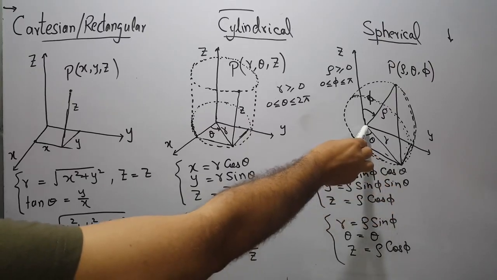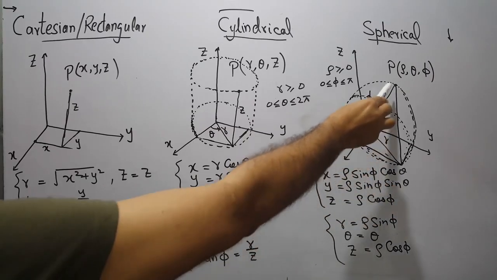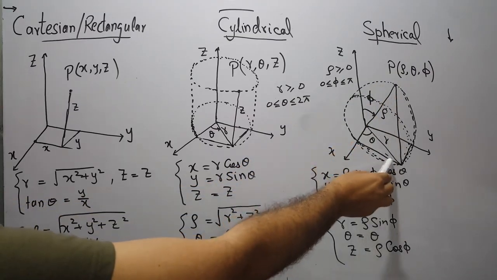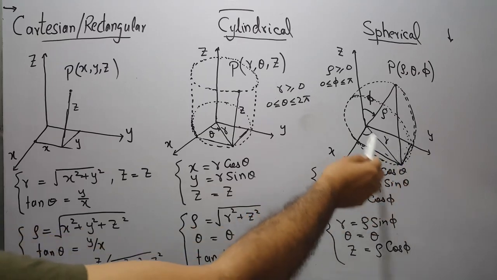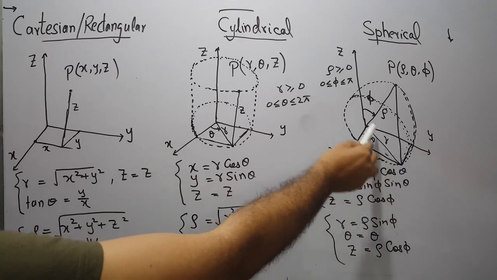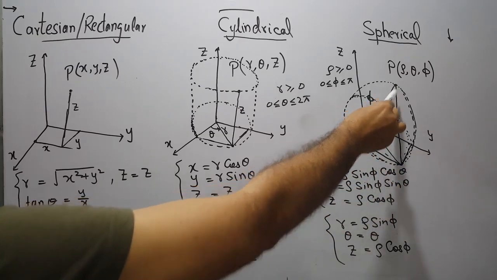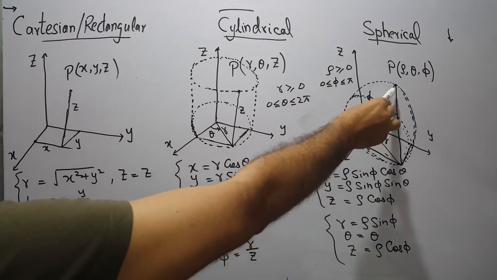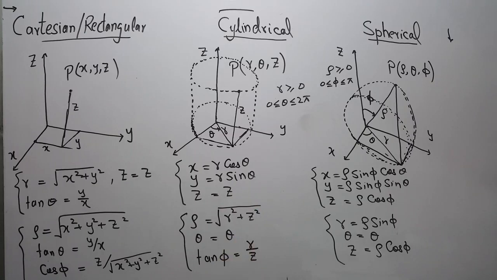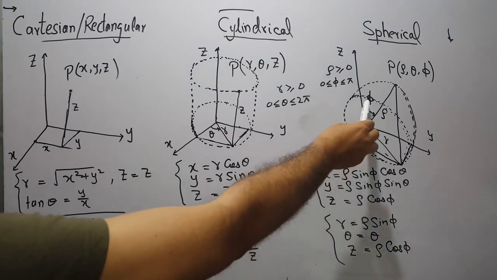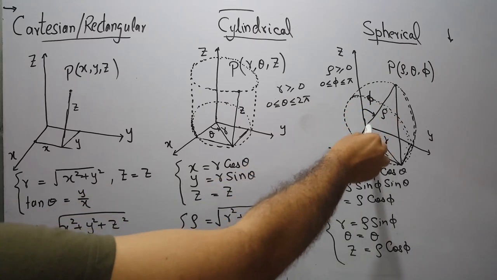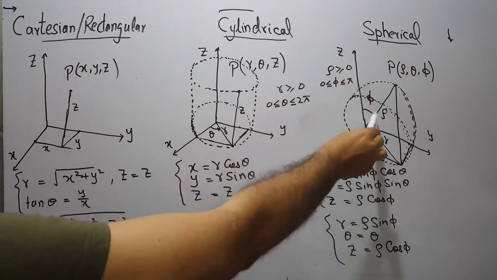Now you have to find the radius from the origin to this point P. This was the length with x and y, and now this is with x, y, and z. So rho would be the radius with x, y, and z in 3 coordinates, and phi is the angle that this radius makes with the z-axis.